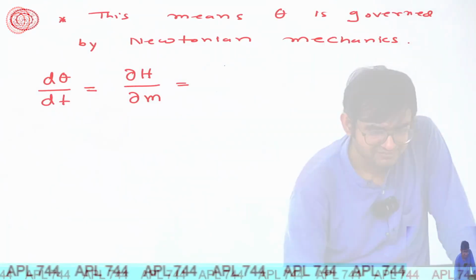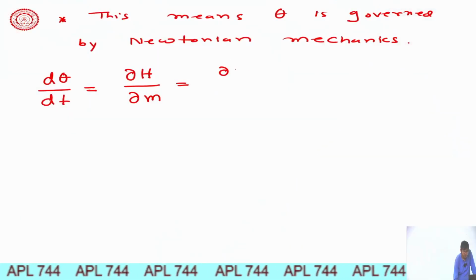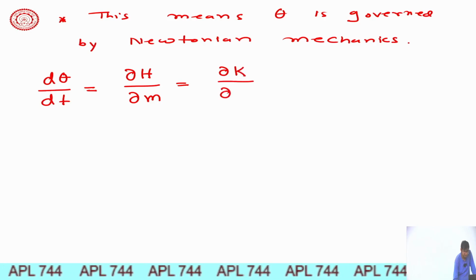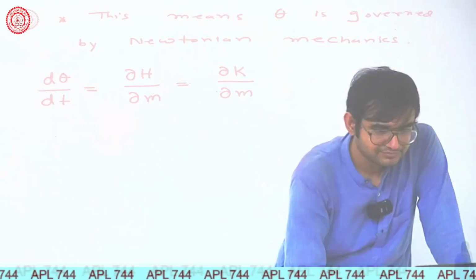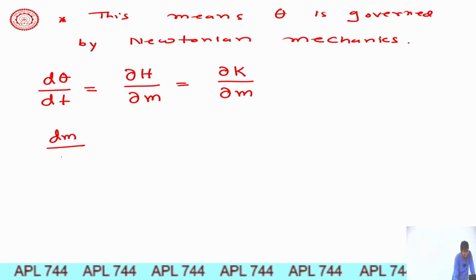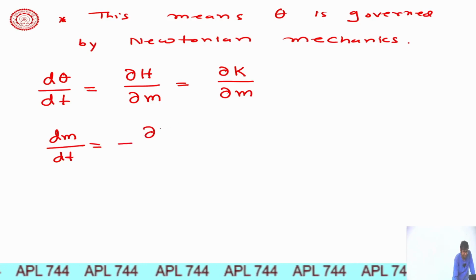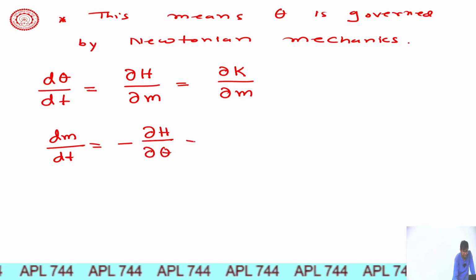So only del K by del M. This is the first Hamiltonian equation. The second equation will be derivative with respect to the position. So dm by dt is equal to minus del H by del theta is equal to minus del U by del theta.